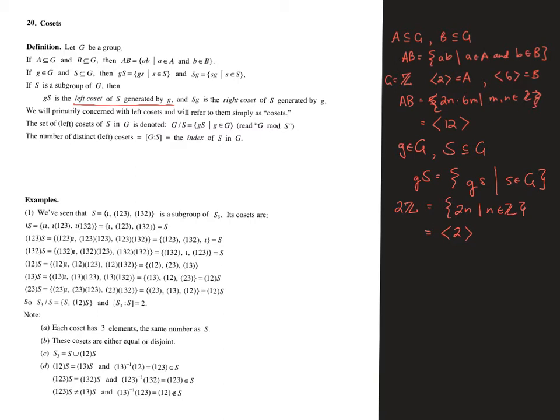We can also then say, what are all the possible left cosets we could form from the group S? So if I think about this notation, which looks like G divided by S, it's saying take the set S and then make every possible coset from it by multiplying on the left by all the elements of G. And we read this as G mod S, which is similar, so you might think back to our examples like Z mod 5 or Z mod 2 or things like that.